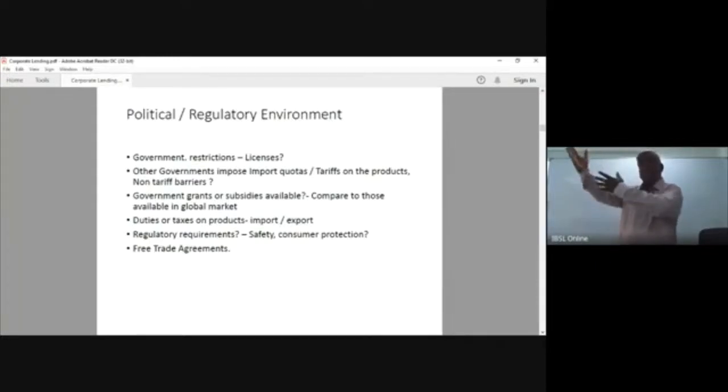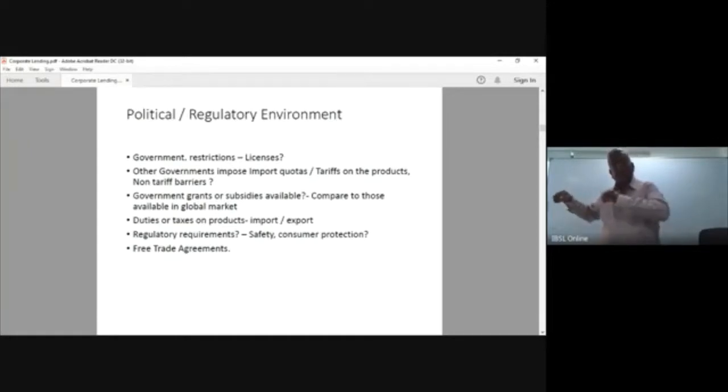Similarly, when we export to importing countries like India or Pakistan, there is also relaxation of taxes and duties. So through the free trade agreement, you have to analyze all these things in the case of the political and regulatory environment in regard to your customer's industry.